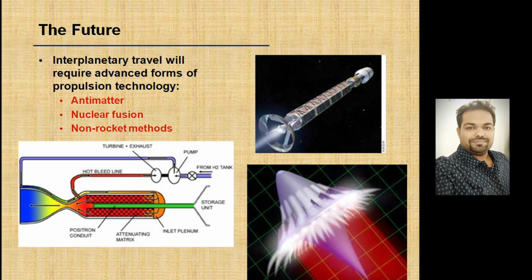What is the future now? Interplanetary travel will require advanced forms of propulsion technology. Scientists are looking for advanced propulsion systems using antimatter, two different kinds of matter as the fuel and oxidizer, or nuclear fusion, or non-rocket methods, whose fundamentals would be entirely different. A lot of research is going on in this field, particularly to develop advanced rocket motors for better exploration of space.